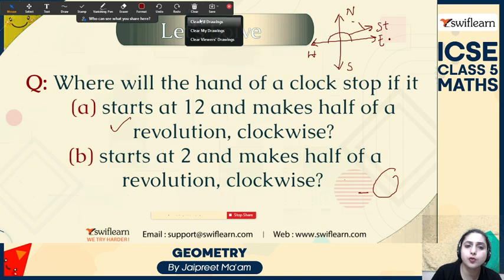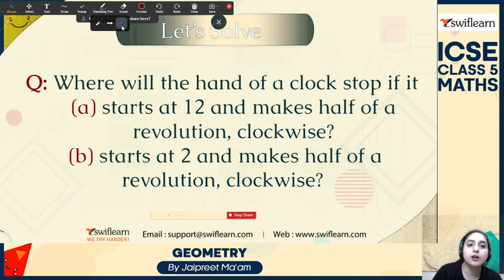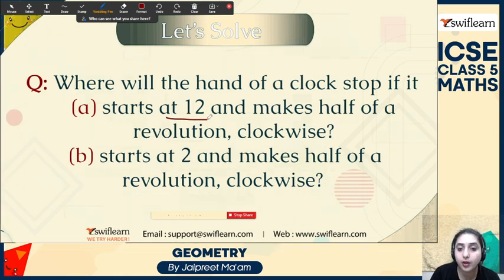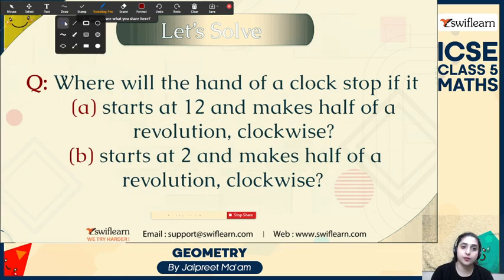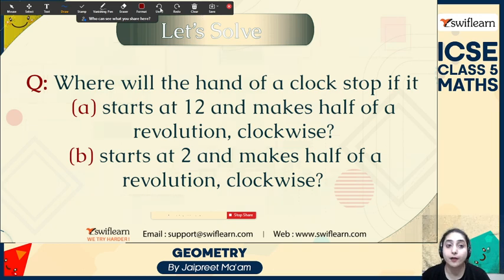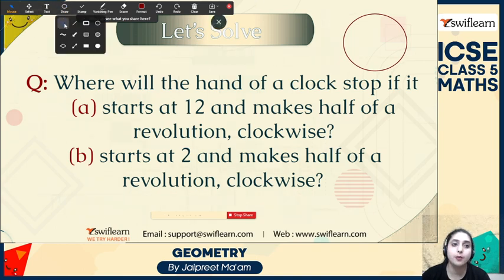So let's solve some more questions. Where will the hand of a clock stop if we start at 12 o'clock and make half of a revolution? So we have to make a clock. So let's make a nice clock. So we have to put the numbers.